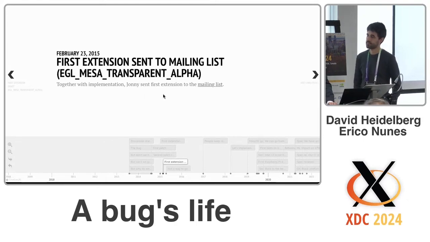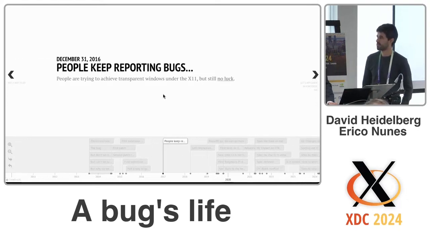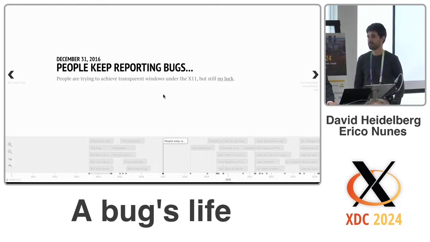At some point it was sent to the mailing list. We're still talking about the old Bugzilla, not our GitLab. But this was not the way, because some people from NVIDIA commented and described how they do it, and that this solution couldn't work. So nothing went forward. We are now at 2016, the bug got quiet, and people were still reporting that they cannot get transparent compositing.